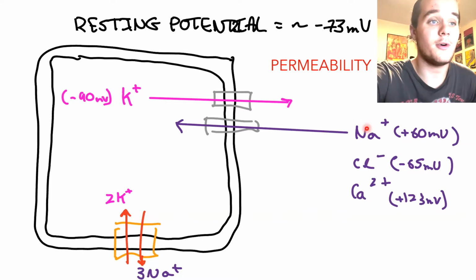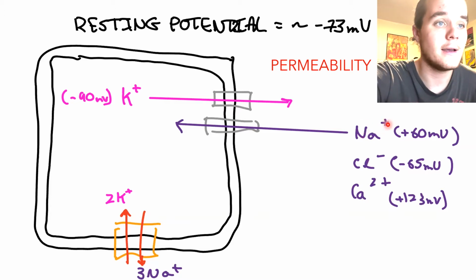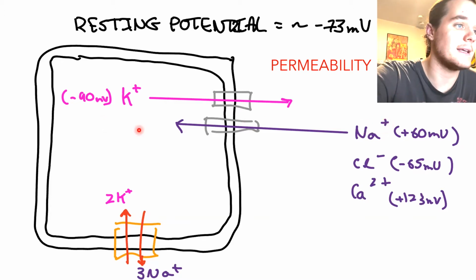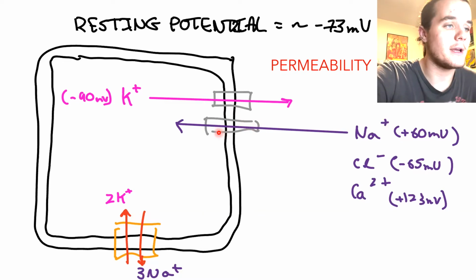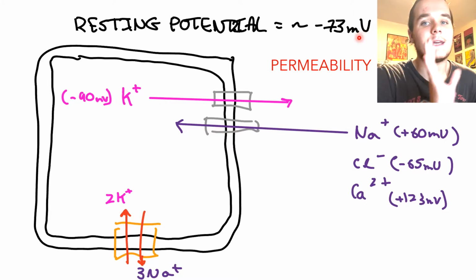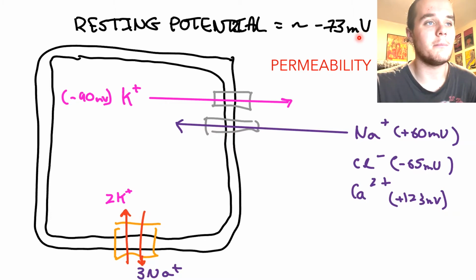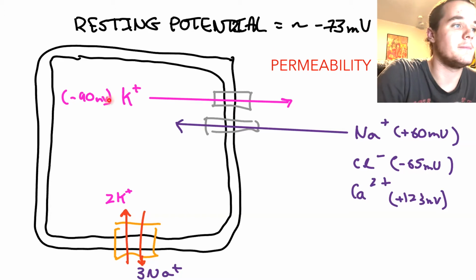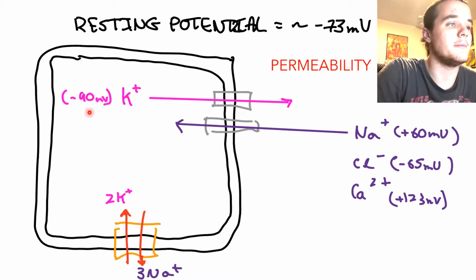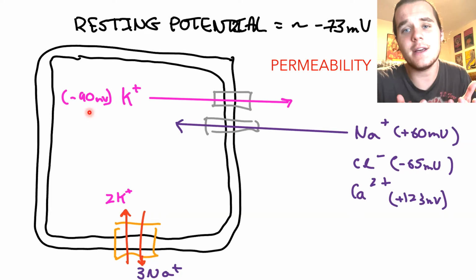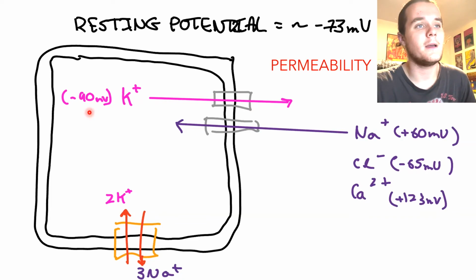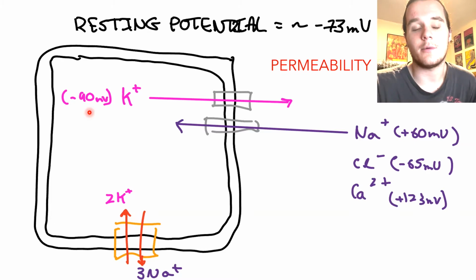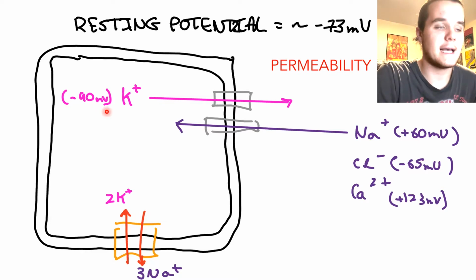Sodium, for example, has a positive charge, so there's an influx of sodium through the membrane, and that's going to raise our potential a bit, which is why it's a little different compared to this equilibrium potential, because there are other ions at play here. It's just that most of the membrane potential comes from the equilibrium potential of potassium.